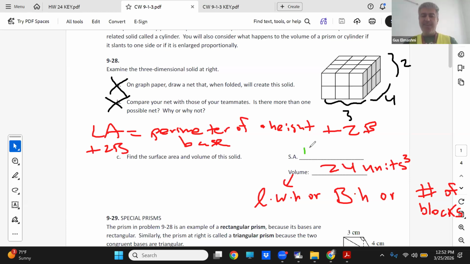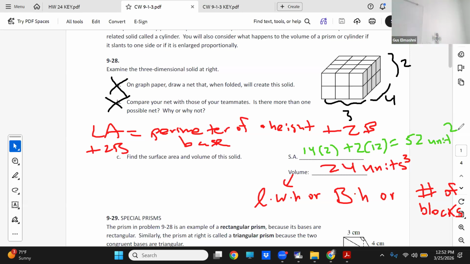All right, so 14 times 2 plus 2 times the base. What's the area of the base? 12, right? So if you put it all together, you should get 52. And 52 square units.